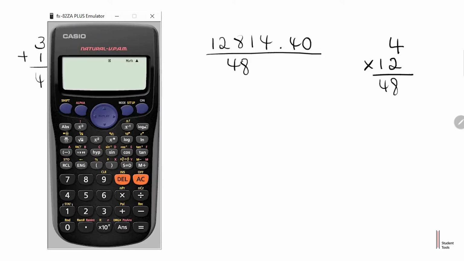Okay, so on our calculator we have 12,814 and 40 cents. We divide that by 48. So that is equal to 266 and 96 cents, or maybe 97 cents to 2 decimal places.